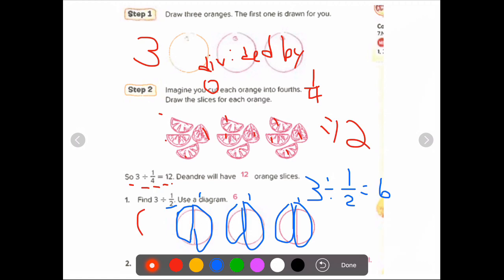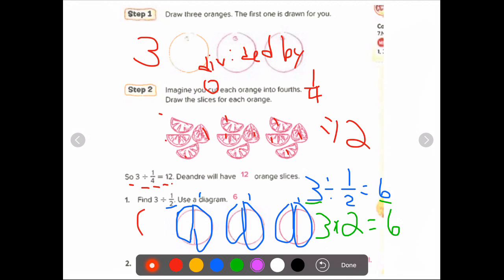Let's look at 3 and 6. What do we know about 3 and 6? What else can I say? 3 times 2 is equal to 6.